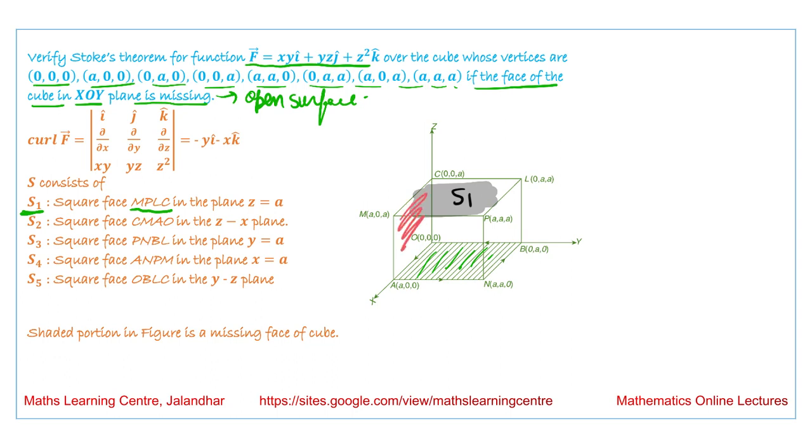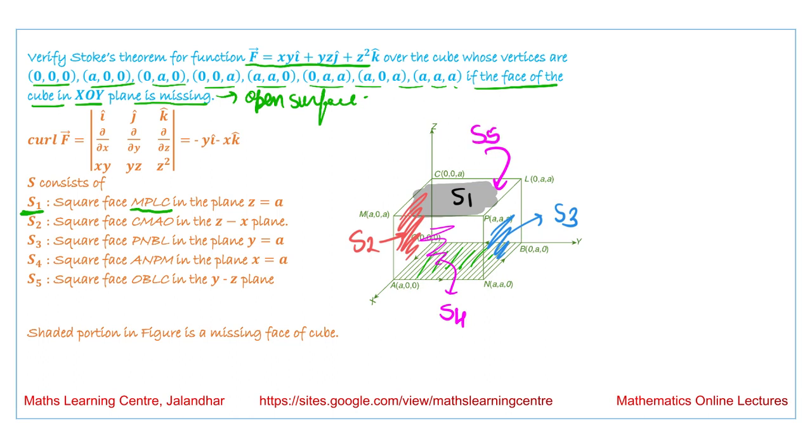Then S3 is the face PNBL. Then we are left with two surfaces: this front surface is S4, and the surface on the back is S5.